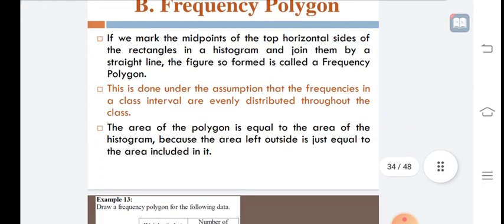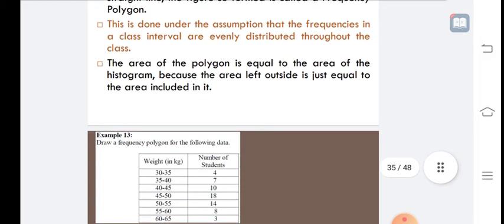This is done under the assumption that the frequencies in a class interval are evenly distributed throughout the class. The area of the polygon is equal to the area of the histogram, because the area left outside is just equal to the area included in it.